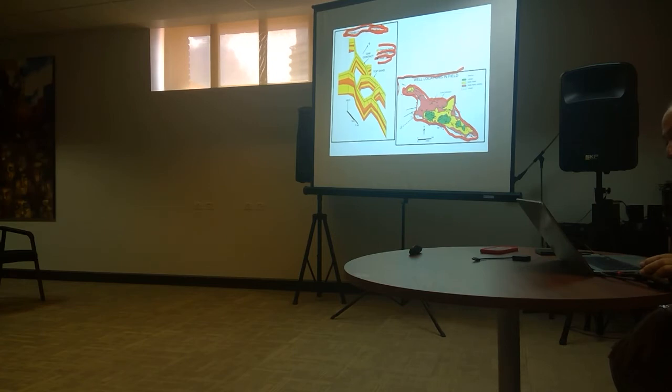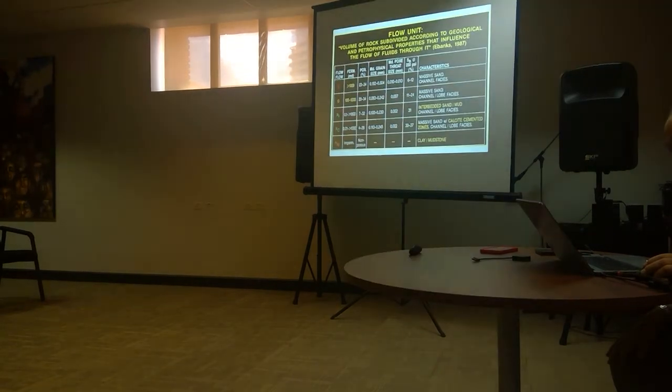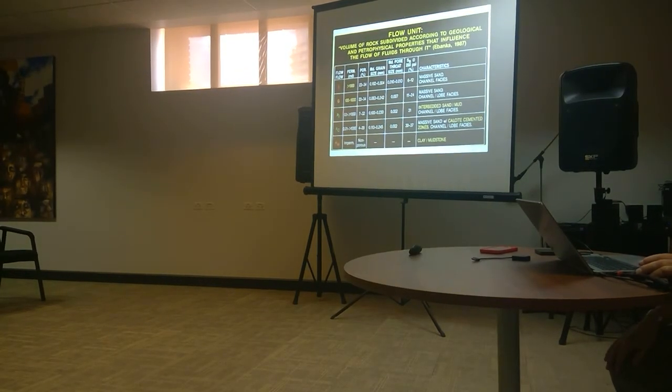And so the engineer said, go back and make me some maps of permeability and porosity and stuff like that. So I went back to my office and I decided to break out into what we called flow units.